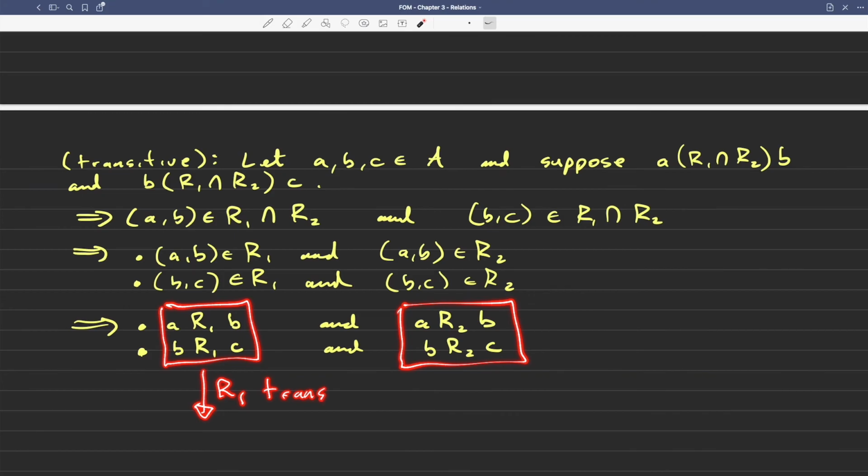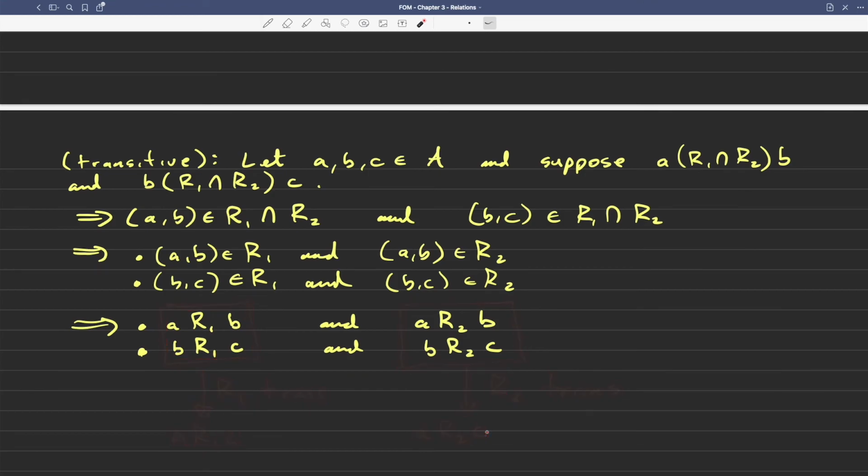So if A is related to B and then B is related to C in R1, then I'm going to get A is related to C in R1. And then similarly over here, I have R2 is transitive, and so I'm going to have A is related to C in R2. And then from there, I get the intersection bit. So this is how we're proceeding.